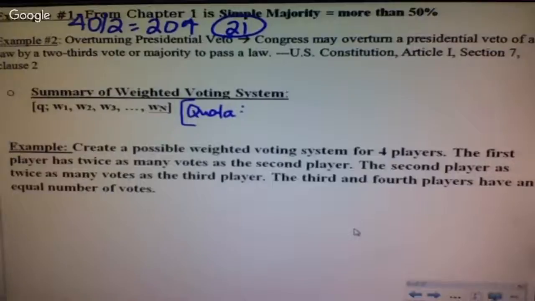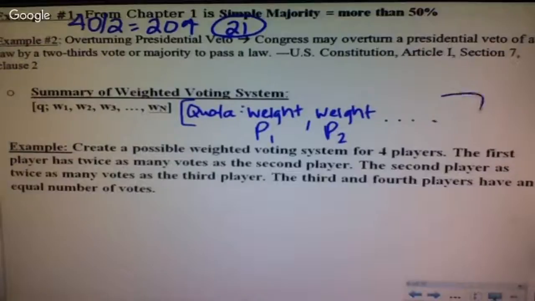Then you'll see a whole bunch of numbers after a colon or a semicolon. These numbers are the weights of player 1, followed by the weights of player 2, and so on, up to how many players you have.